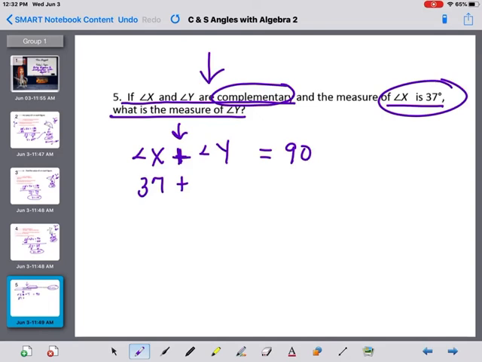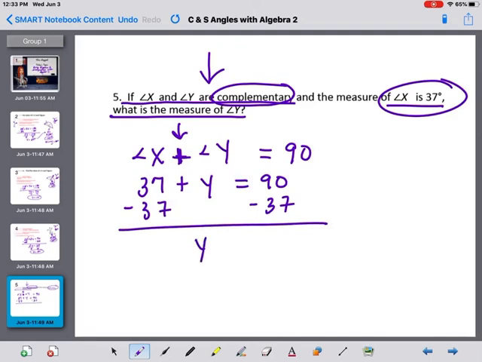So if I substitute that in, and I can get rid of the angle symbol within the calculation, 37 plus y is equal to 90. To isolate the y, I would have to subtract 37 on both sides, and I would get y is equal to 53 degrees. All right, so that problem is worded a little bit differently. There's no diagram, but you have enough information within the problem to set up an equation and solve.